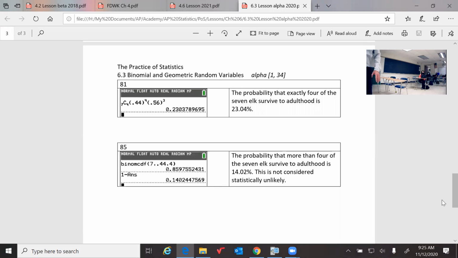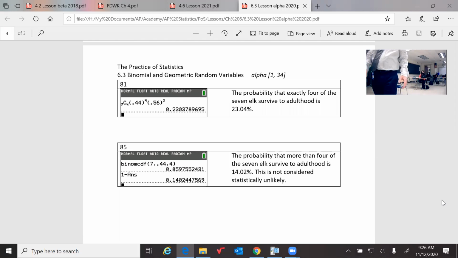So there's the 23%, a little over 23% for 81. And then 85 says more than 4 elk, which means either 5 survived, or 6, or 7. Yes?